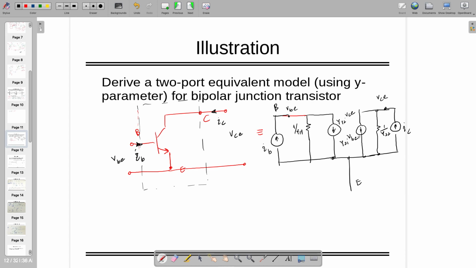I replace all the V1, V2 with VBE and VCE, all I1, I2 with IB and IC, right? But I need to know the equations. Do we know the equations for this transistor? Current equations, meaning IB and IC, are they known to us or not?